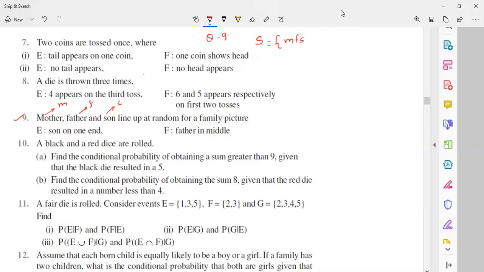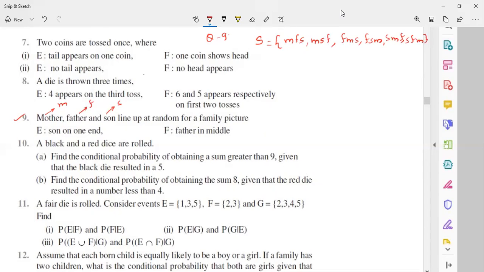So MFS, or MSF, or FMS, or FSM, or SMF, or SFM. These are the possible cases.